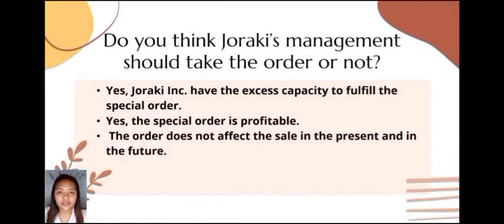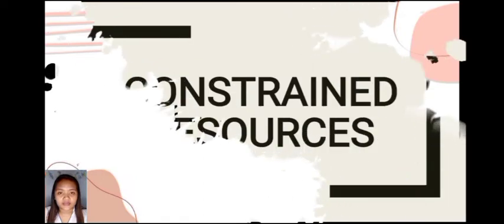So to summarize the decision, Joraki Incorporation should accept the special order since, first, the company has the excess capacity to fulfill the order. Second, it is profitable, and the last is it doesn't affect the sales of the company.